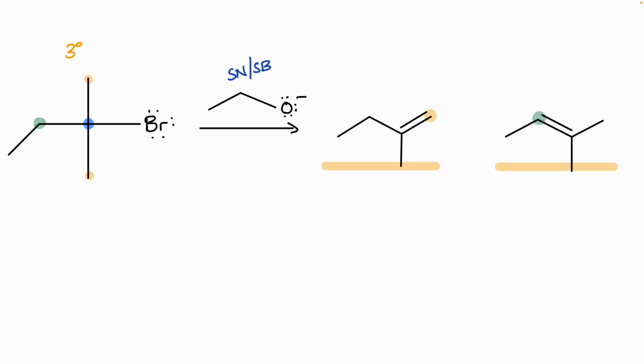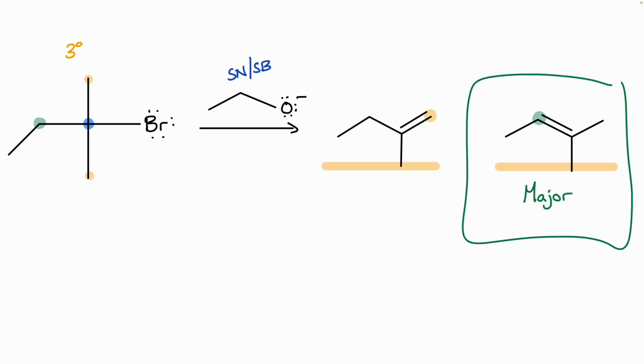That green carbon. I specifically asked for the major product here. So which one's going to be our major product? The one on the left or the one on the right? The one on the right. So this would be our answer here if I asked for the major product of this reaction.